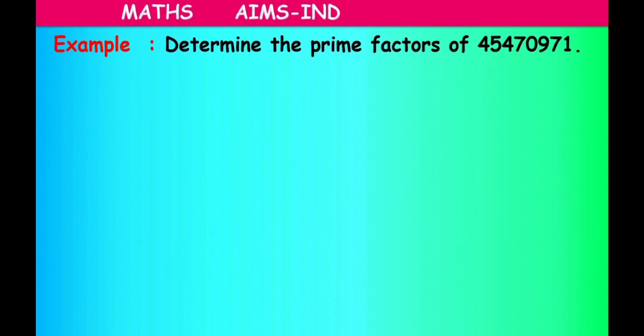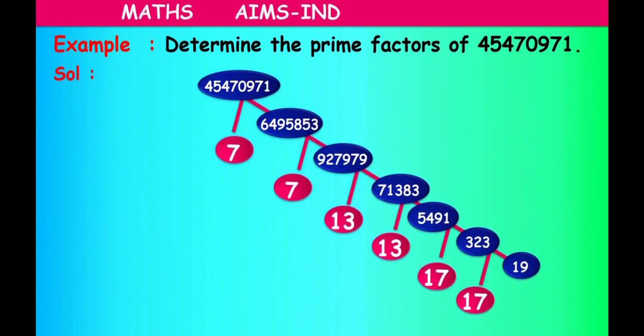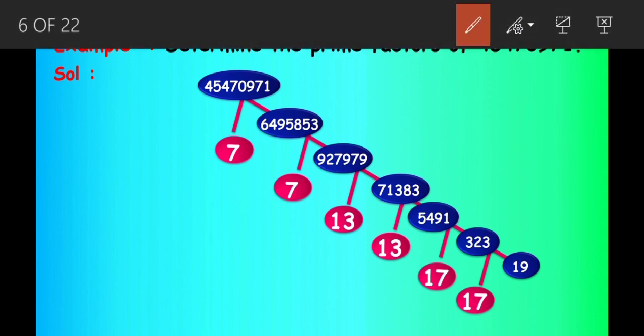Next, suppose we have a question like this: determine the prime factors of the given number. With the help of prime factorization, we can do it. First we divide by 7, again by 7, then by 13, next 13, next 17, next 17.